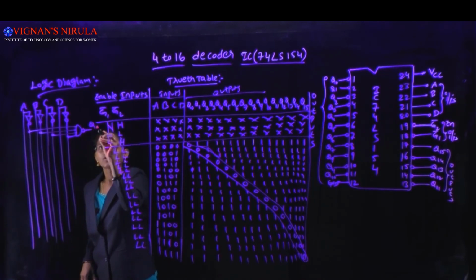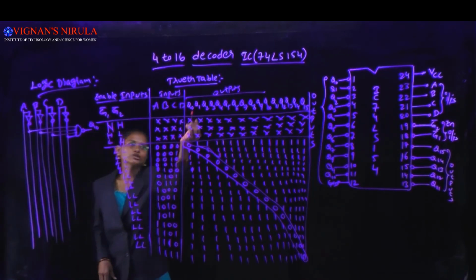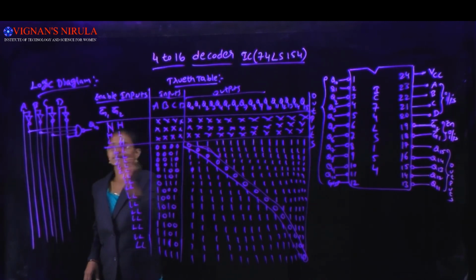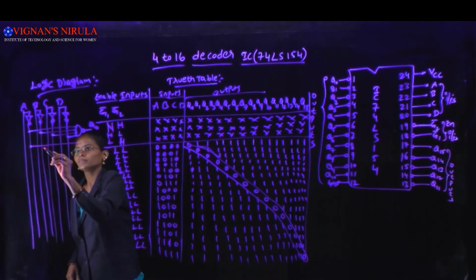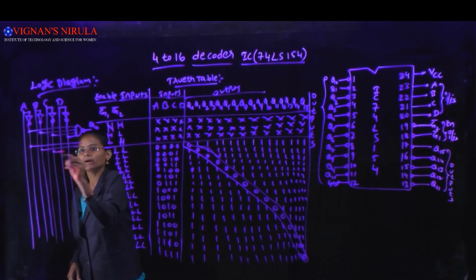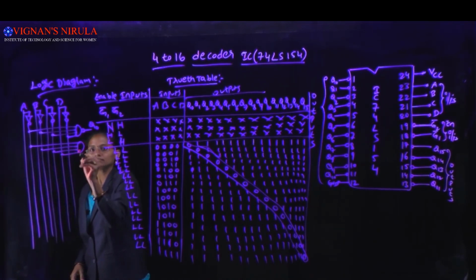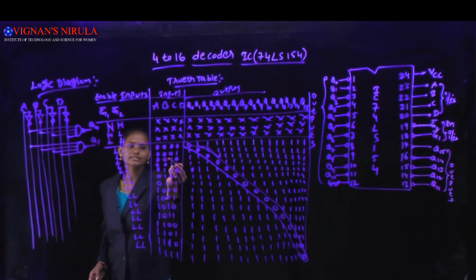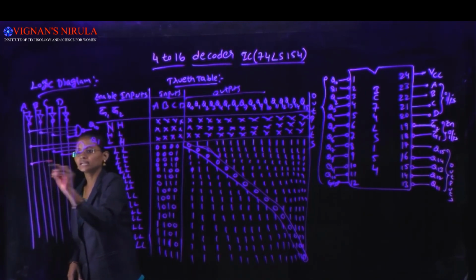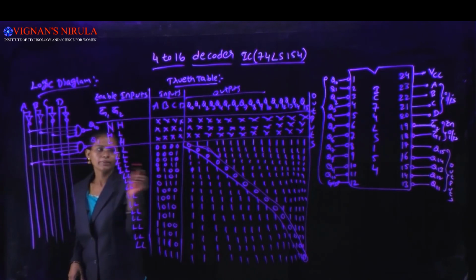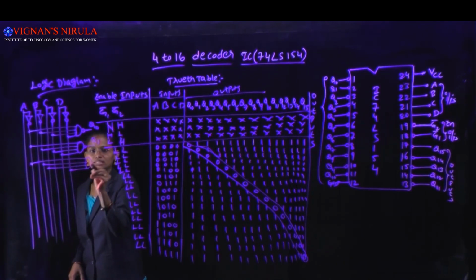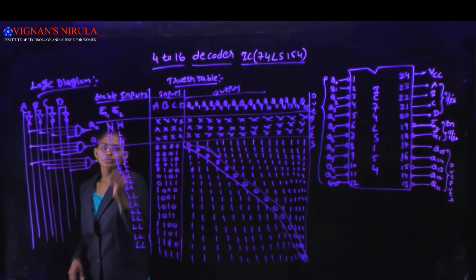This is Q0. And next Q1, the input is 0001, that is A bar, B bar, C bar, D. And this is Q1. And next Q2, 0010. 00 means A bar, B bar, C is 1 and D bar. This is Q2.